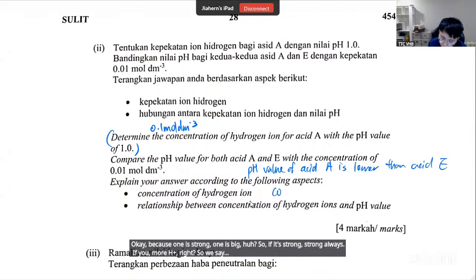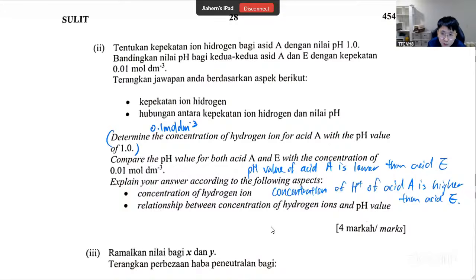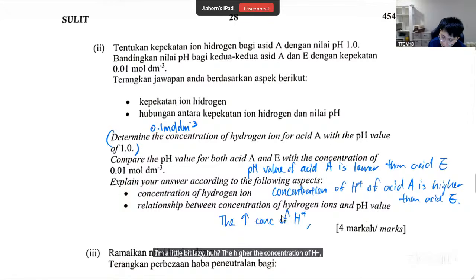So the concentration of hydrogen ion of acid A is higher than acid E. Then the relationship between concentration of hydrogen ion and pH value: the higher the concentration of H⁺, the lower the pH value.